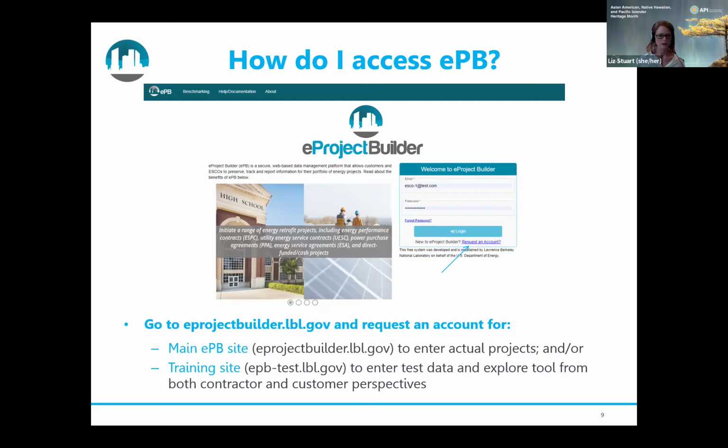We vet all applications for an account, to make sure you are an authentic ESCO or an authentic customer, or perhaps a manager or project facilitator type person. But if you're curious about eProject Builder and eProject Express, you can request an account on the training site, epb-test.lbl.gov, and just play around with it and see what it's about.